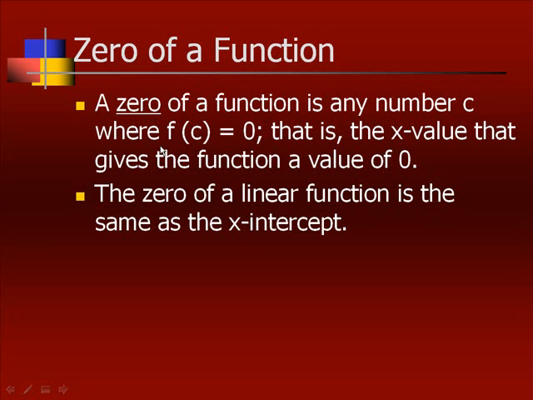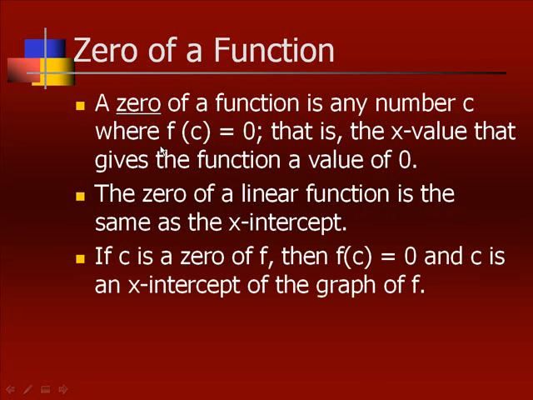Okay, the zero of a linear function is the same as the x-intercept of an equation. Let's say it a different way. If c is a zero of the function f, then f of c is equal to 0, and c is the x-intercept.